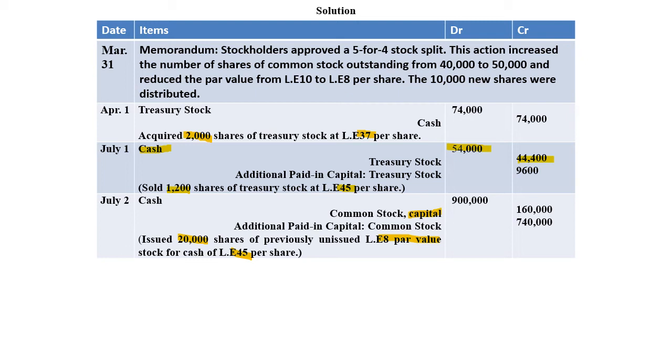The difference between the cash collected according to the market price, 900,000, and the capital recorded according to the par value, 160,000, we get 740,000, which is additional paid-in capital, common stock. On November 1, he says that we had a declaration of cash dividends, 2 LE per share.